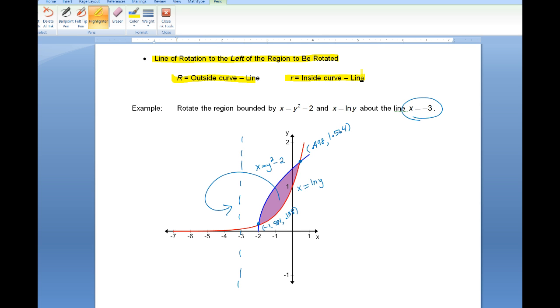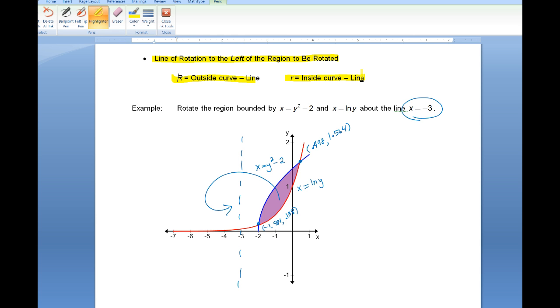It's usually right to left. But look at the shaded region in relation to the line. If my shaded region started over here and I rotated it this way, then it would be the other way around. So you have to look at it after you rotate to determine which is the outside. You were asking about the picture after you start rotating it, what's the outside? We didn't go through that.